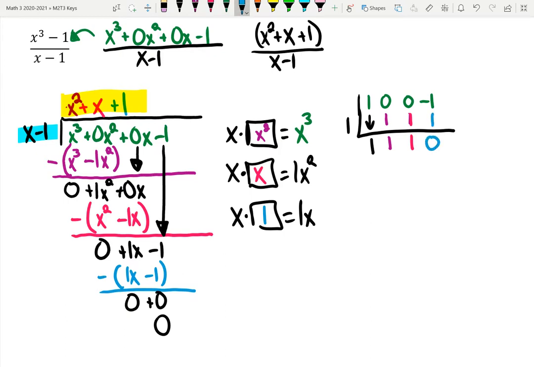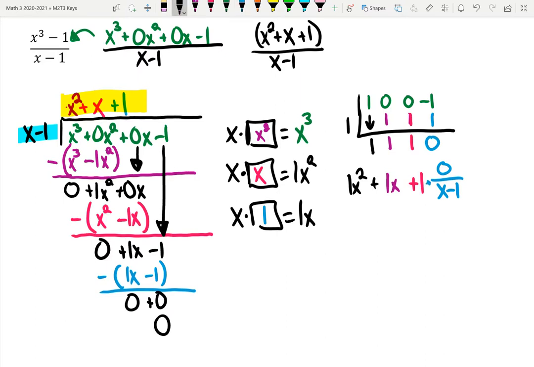So remember, this remainder is going to be 0 over what I divided it by. This is just going to be a coefficient of 1. This is going to be 1x, and then 1x squared. Notice how I write this right to left. This is a positive fraction.